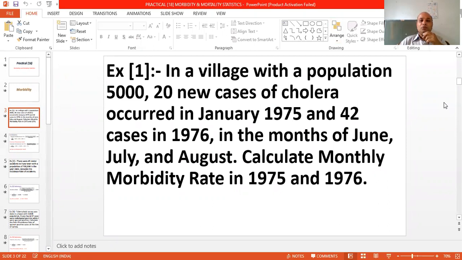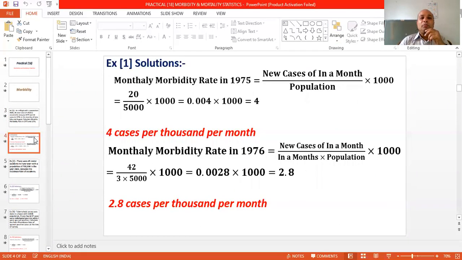In the months of June, July, and August, calculate the monthly morbidity rate in 1975 and 1976. The formula for monthly morbidity rate in 1975 is new cases in a month upon population into 1000. The monthly morbidity rate is 4 cases per thousand per month.